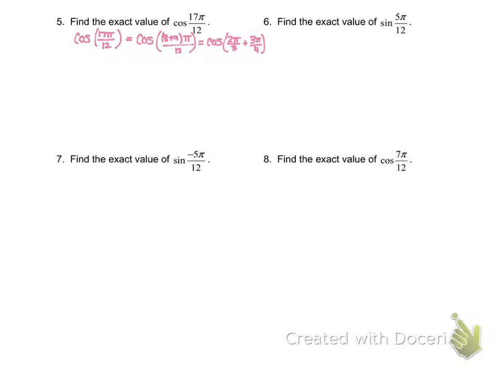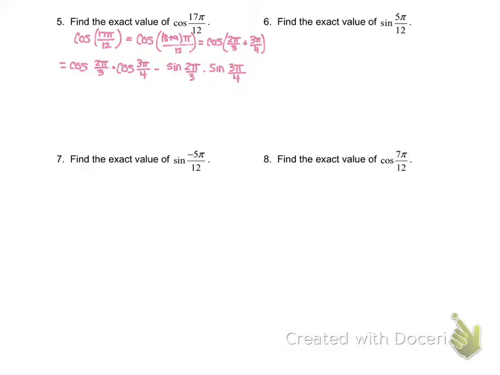So when I use this, I'm going to have cosine of 2 pi over 3 times cosine of 3 pi over 4, minus sine of 2 pi over 3 times sine of 3 pi over 4.